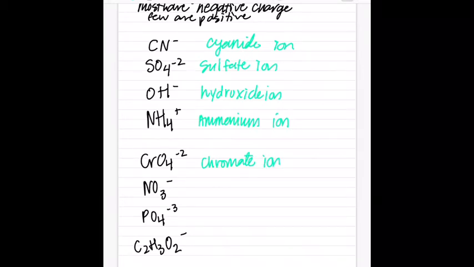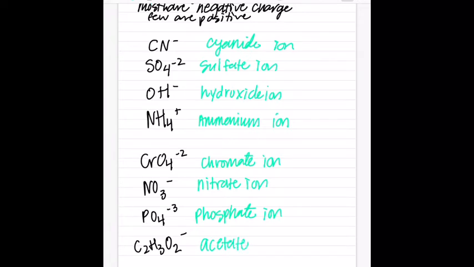NO3 minus 1 is nitrate ion, because NO2 minus 1 is nitrite ion, so be careful with that one. PO4 minus 3 is phosphate ion. PO3 minus 3 is phosphite, not phosphate, so be careful.